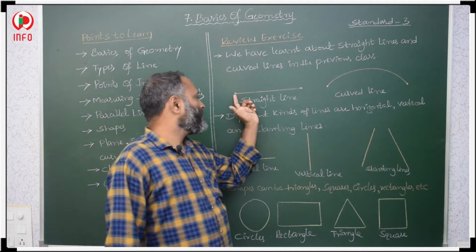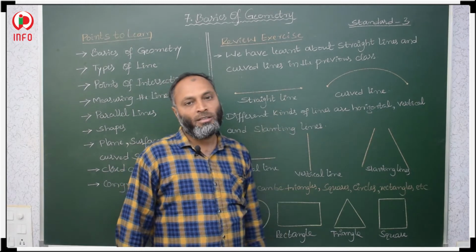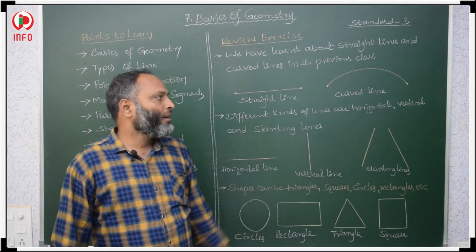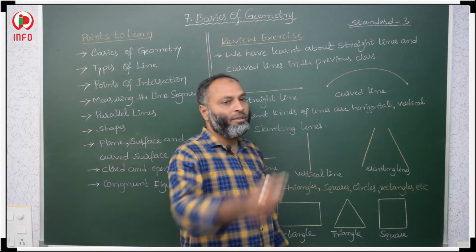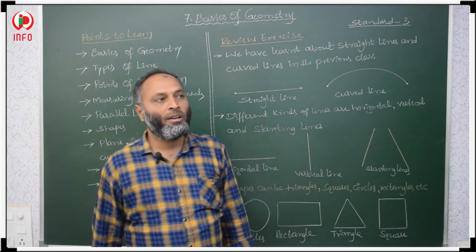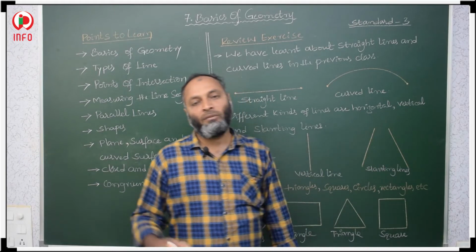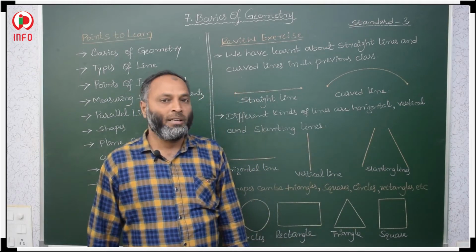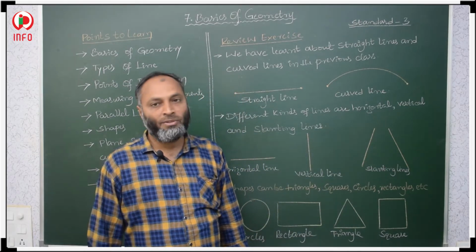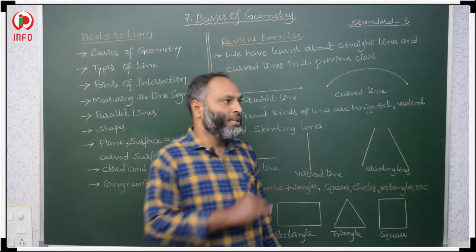Curved line: with a free hand, if we draw a line by joining these 2 points, then we form a curved line. A curved line is not a straight line, it is in curved shape.